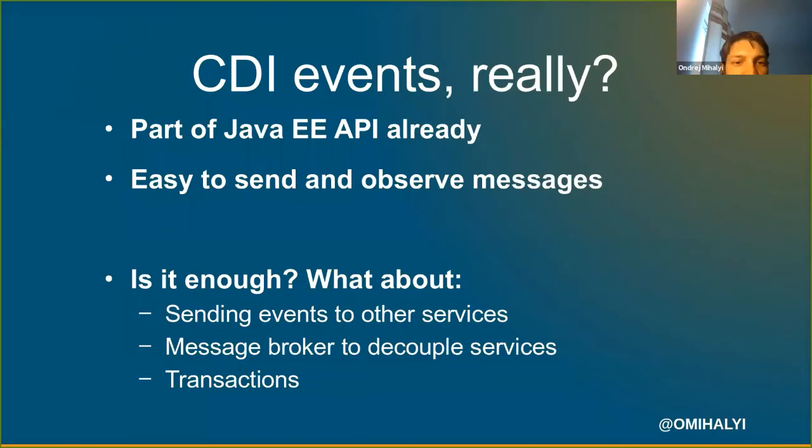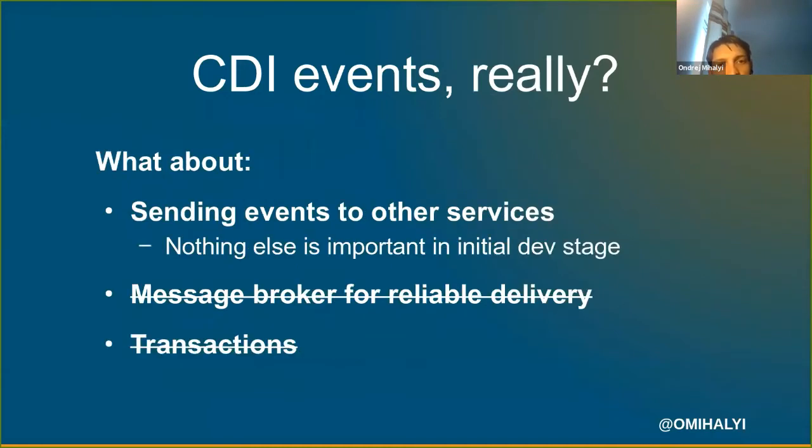But can we extend this to a messaging system? Yeah, basically, yes. If we don't need transactions or reliability with an external message broker, we just need to provide a different implementation for CDI events.